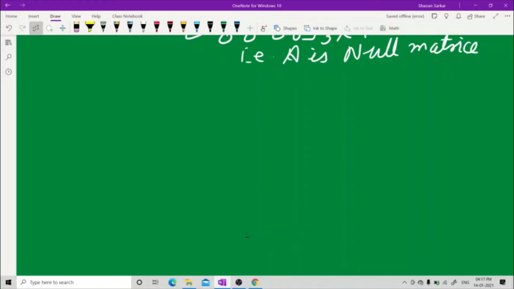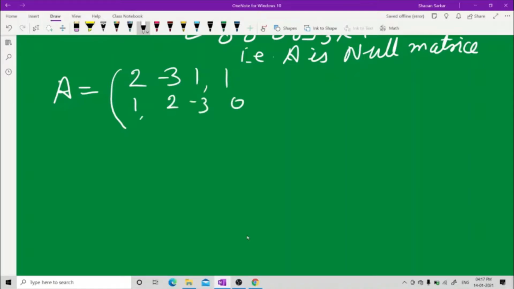Let us take this example: A is equal to 2, minus 3, 1, 1; 1, 2, minus 3, 0; and 4, minus 1, minus 2, 2.